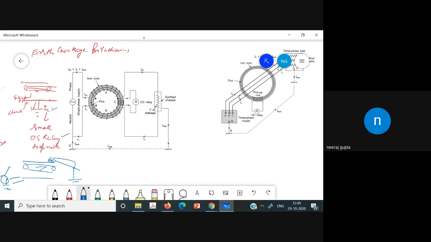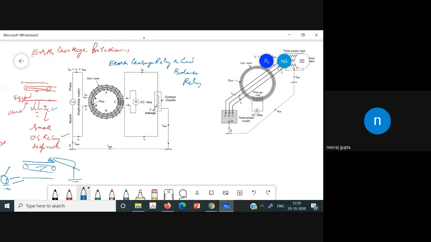Here is the schematic of the earth leakage protection for a single phase load. In this case, let us suppose that this is the relay.